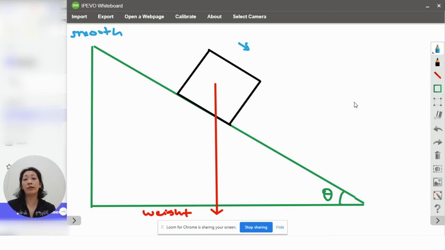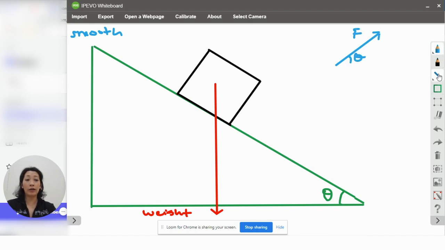If you don't know how to resolve the forces, please watch my video on force resolution, because you need to have that basic before you can understand this example. Let's do a quick recap of force resolution. I'm just going to remove the arrow. When you want to resolve forces, the force is always given to you at an angle like so.